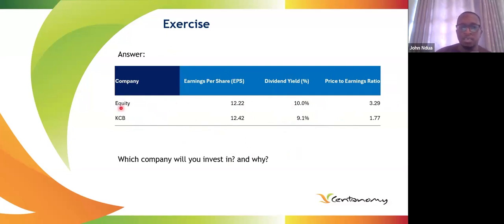You look at the companies, you look at the ratios, and you make that decision based on these particular ratios. And KCB will be the better value for money, but not necessarily the better company or better by miles away. Equity is also a good company. Great.